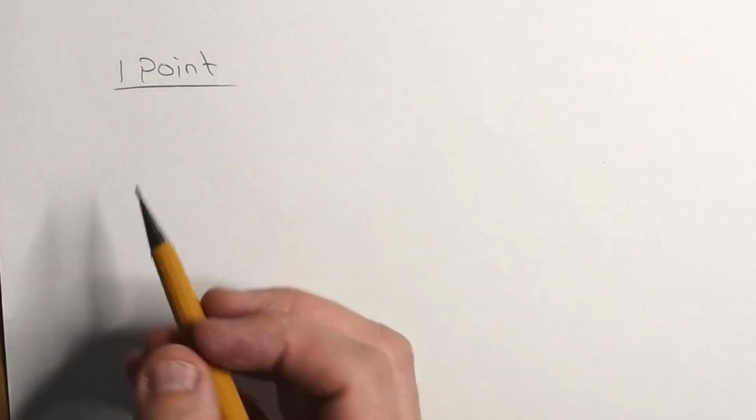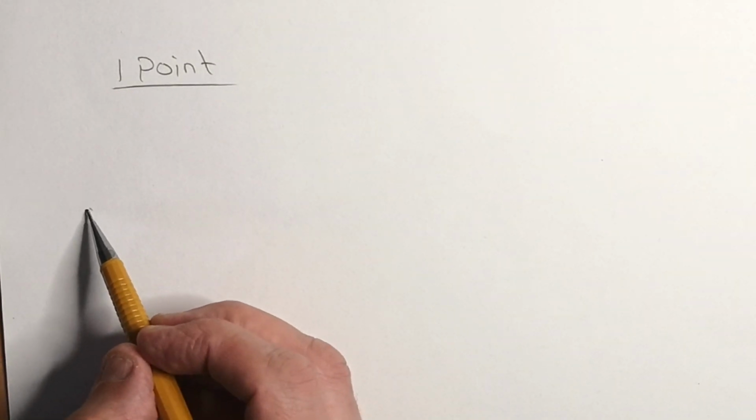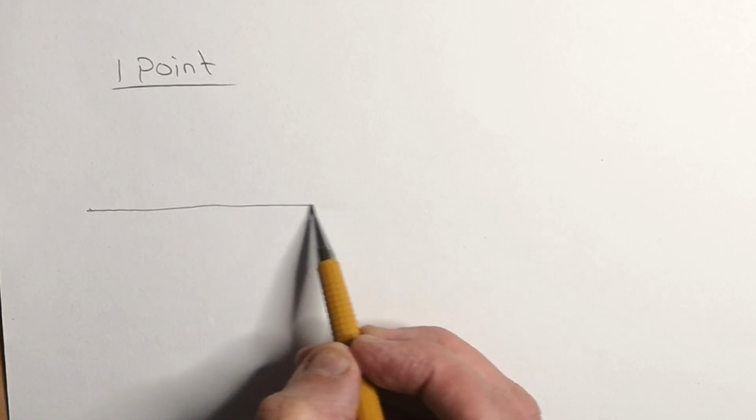1 point perspective. We're going to draw just an outline of a single house. With perspective, we always start with your horizon line, which is basically your horizon.